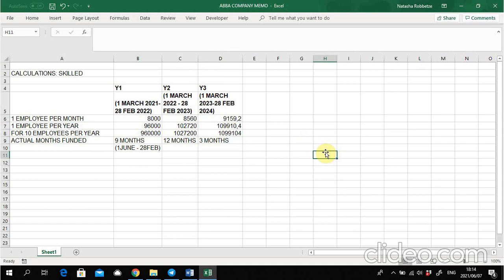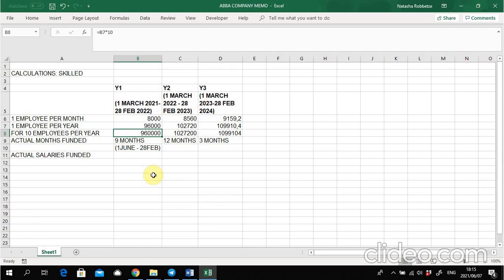All right, wonderful. Then I have now calculated the actual months that are funded. The next thing I need to do is calculate the actual salaries that are funded. Because this subsidy that we've received will not be able to fund 960,000 Rand in the first year, because we didn't get it on time.